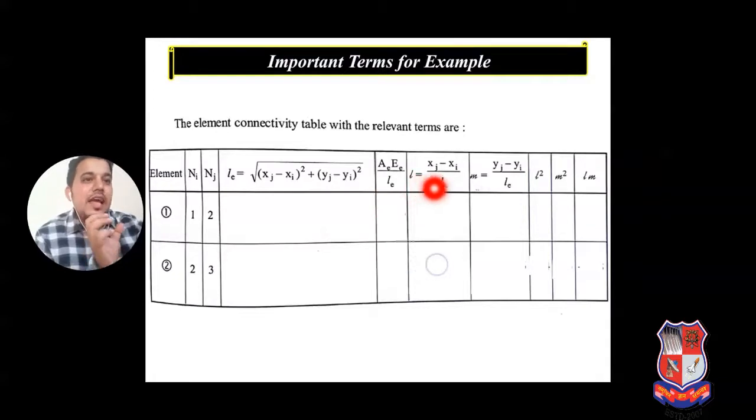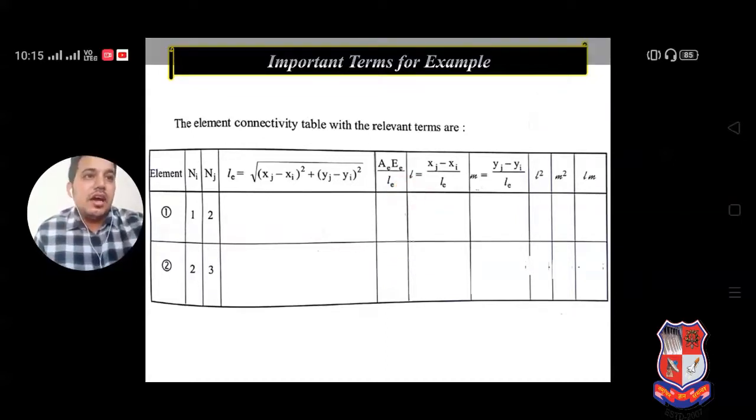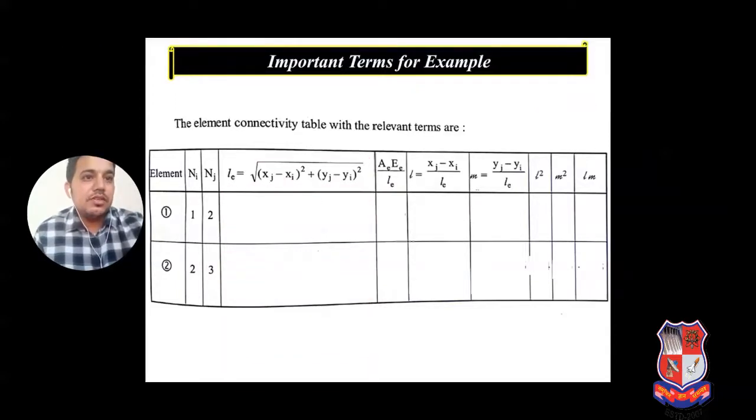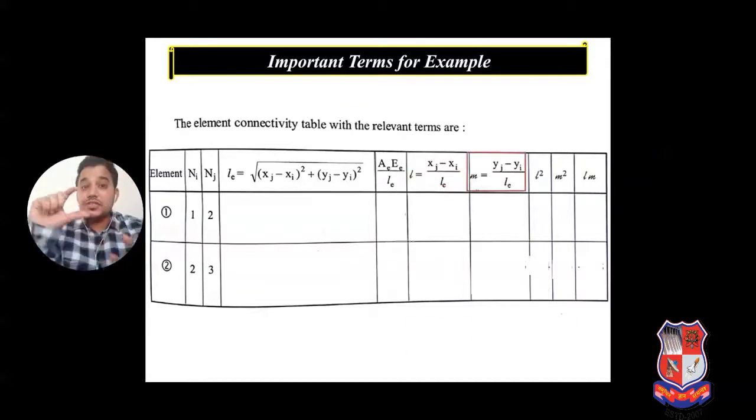Then L is equal to (x2 minus x1) divided by Le. As I already said, this small l is considered as the cosine component of the element. For LE, this cosine component may be horizontal, or maybe a little inclined. Then M is used for the sine component, so sine theta is equal to (y2 minus y1) divided by the length of the element.